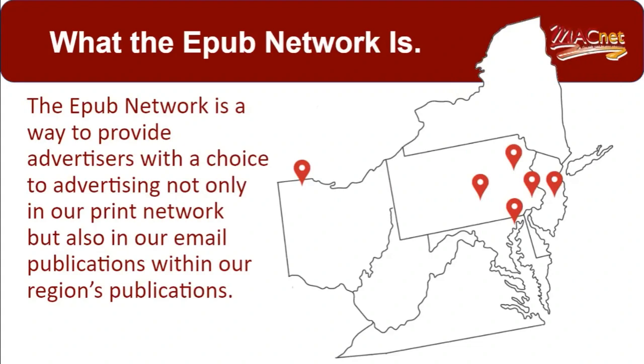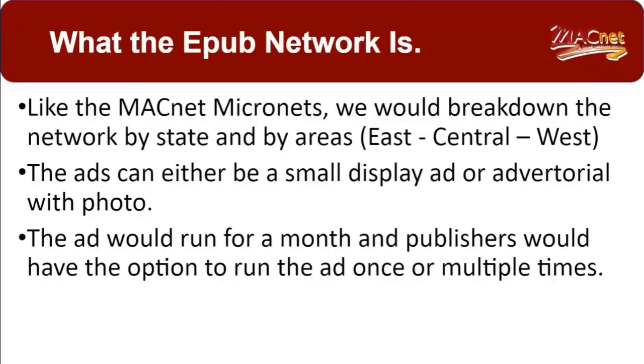The Epub network is going to be a way in which to provide advertisers with a choice to advertise not only in our print network, but also combine the print and the email publications together. So right now, the 300,000 plus circulation we have is located in these areas of our network.